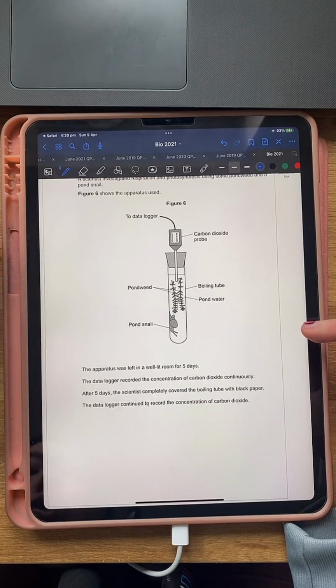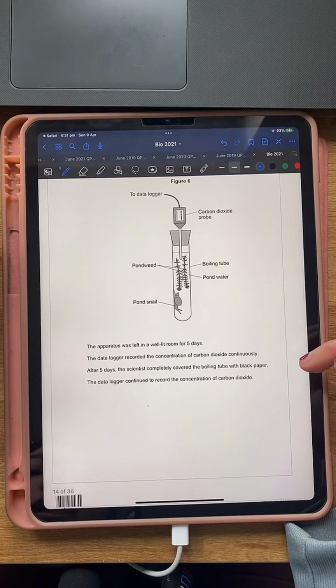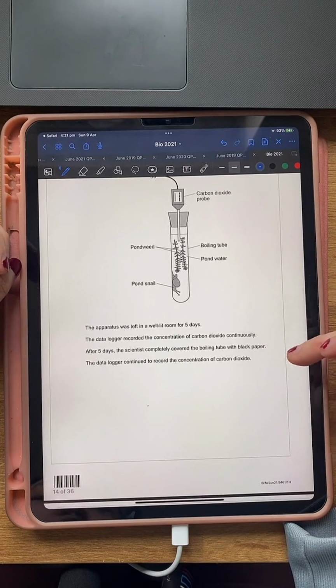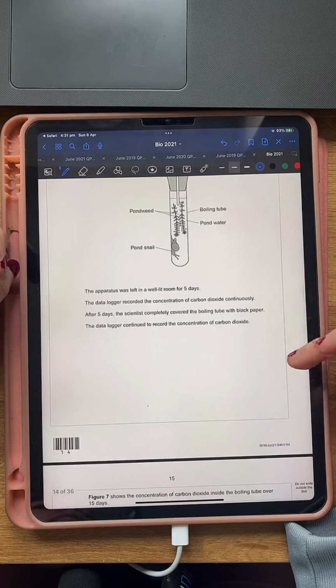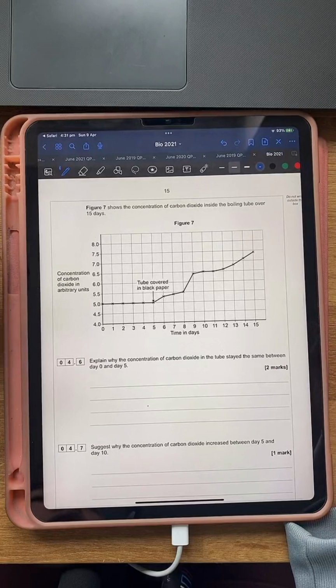The data logger continued to record the concentration of carbon dioxide. Figure 7 shows the concentration of carbon dioxide inside the boiling tube over 15 days. Explain why the concentration of carbon dioxide in the tube stayed the same between day 0 and day 5.